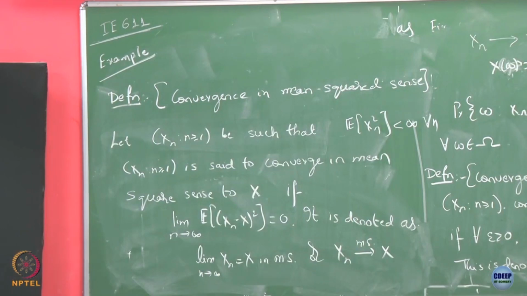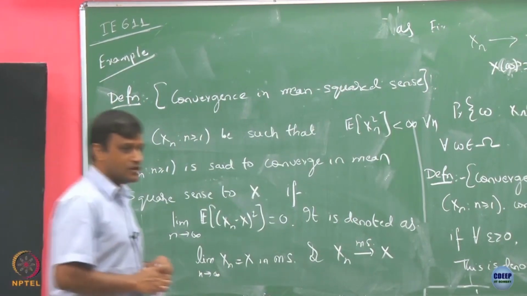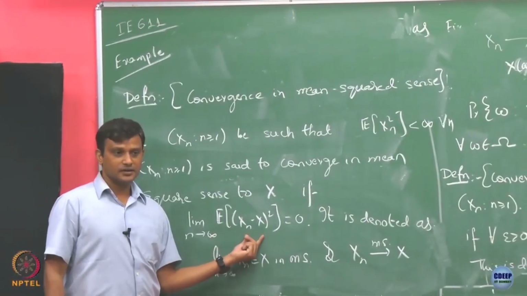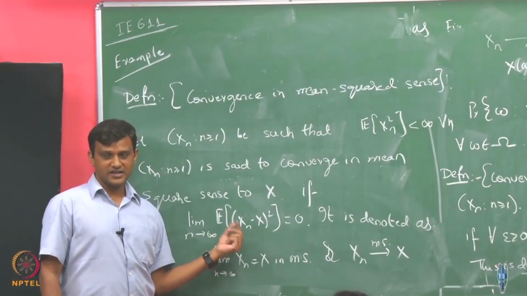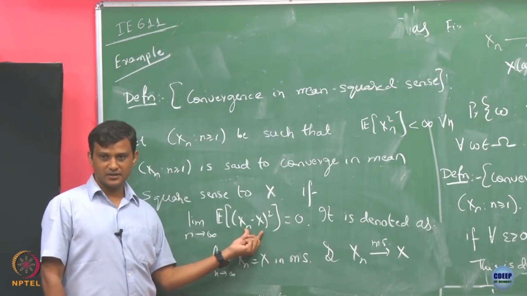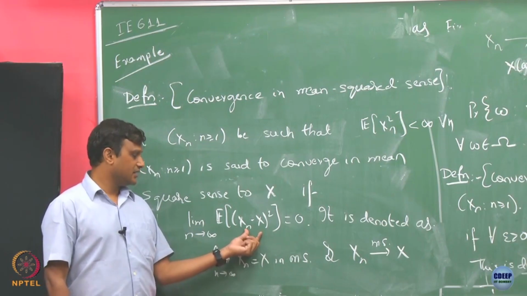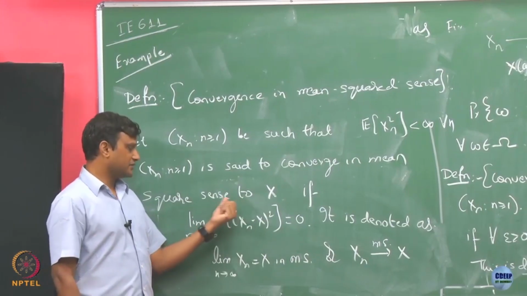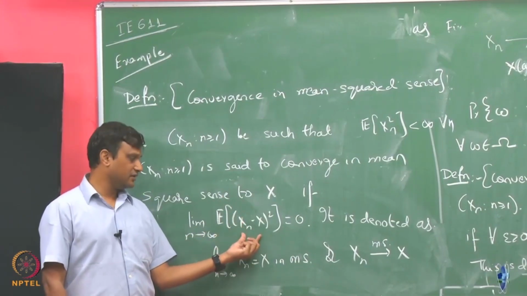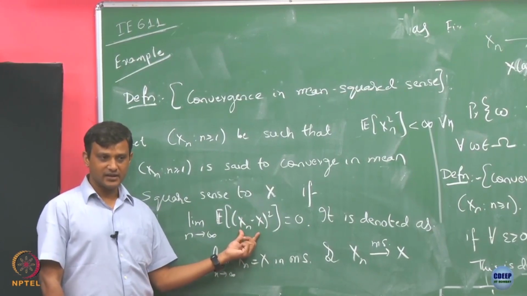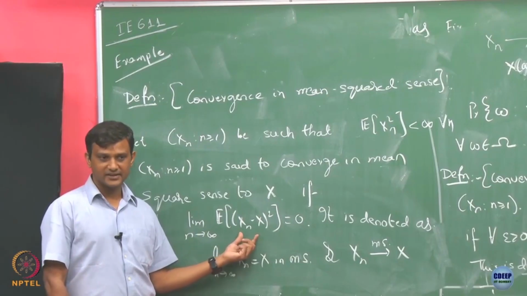So now, instead of looking at the value of the random variable itself, what I am now looking at is their expected value, and not just the expected value but the mean squared error from the random variable X. So we are going to say that the sequence of random variables X_n converges to X in mean square sense if I look at the squared difference and take its expectation, that goes to 0 as n tends to infinity.